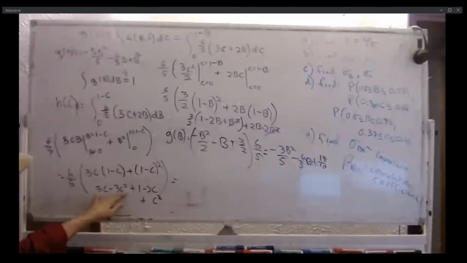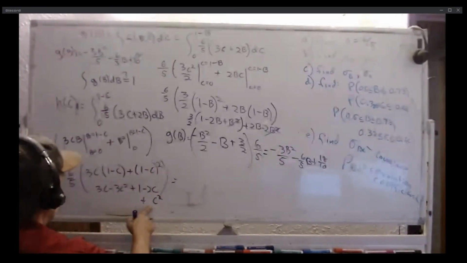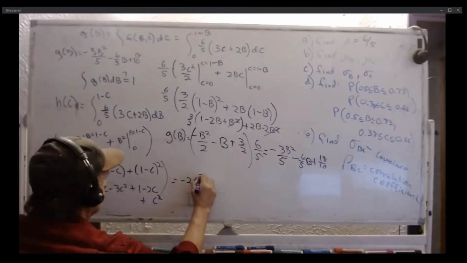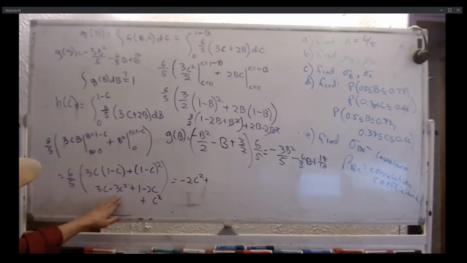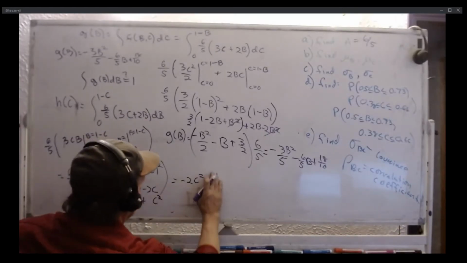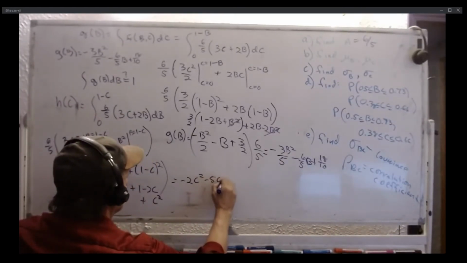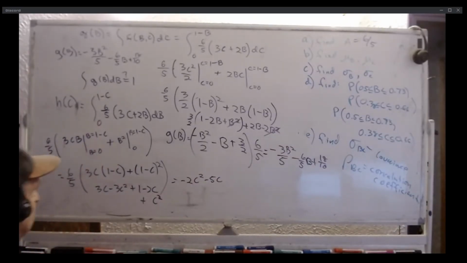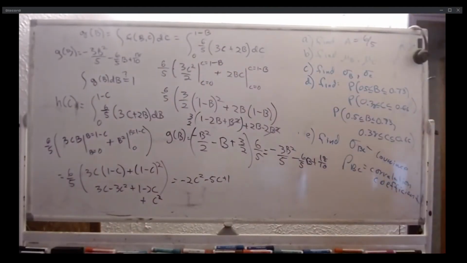So you should end up with negative 2C squared, and then minus 5C, plus 1. So those are our G of. Let me see if I can find this example in my notes. But that's how you find the marginals.